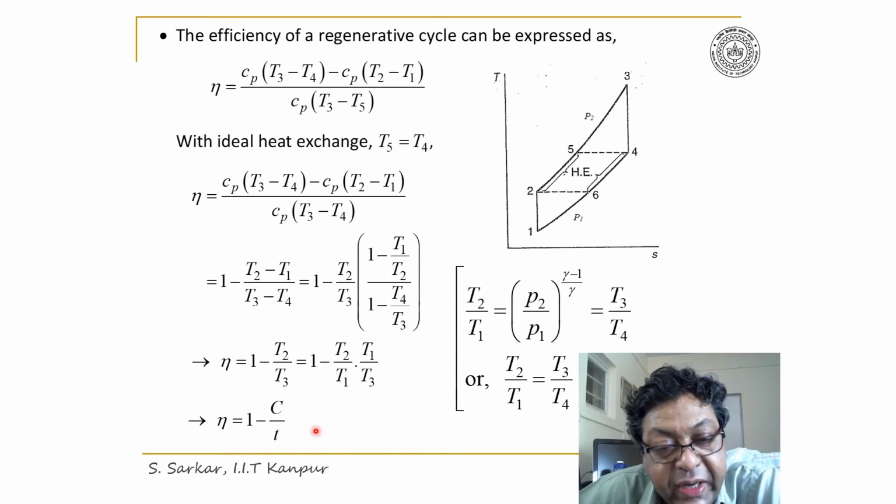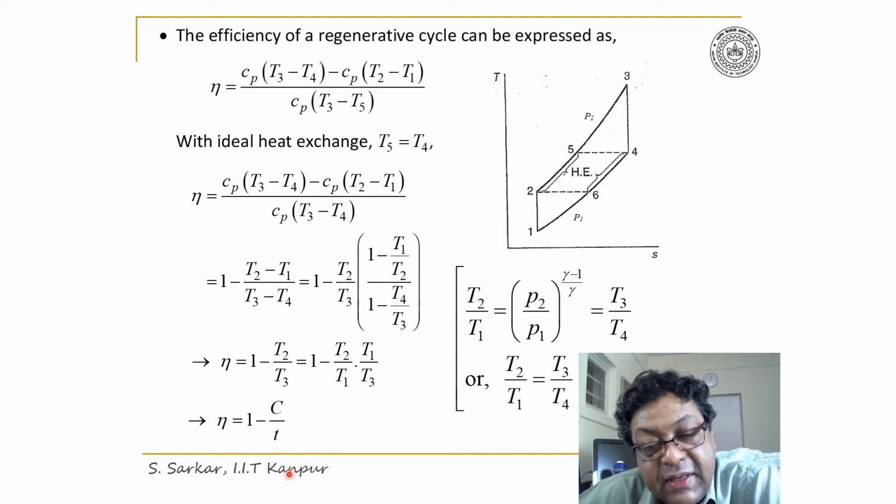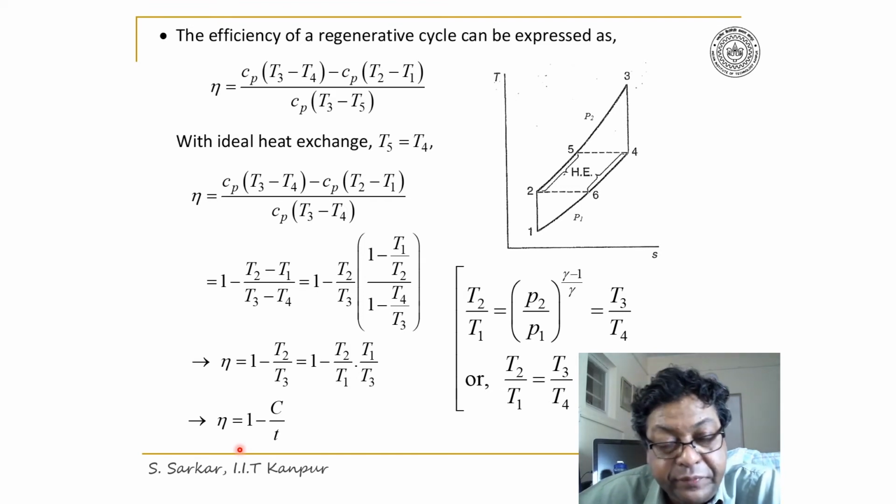So not here, eta, again I'm repeating, eta is equal to 1 minus C by T. Thus cycle efficiency will decrease with an increase of pressure ratio, and it will increase with an increase of temperature ratio.